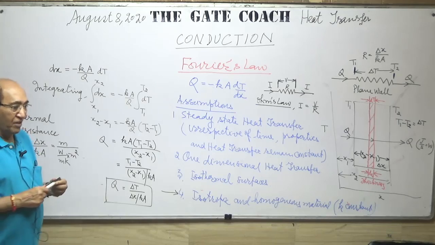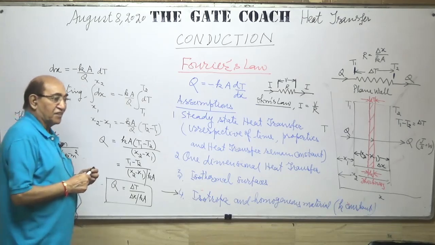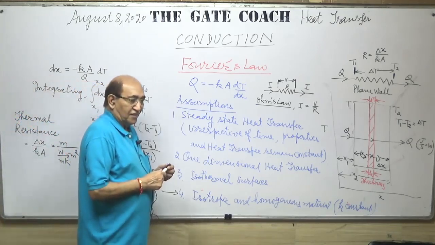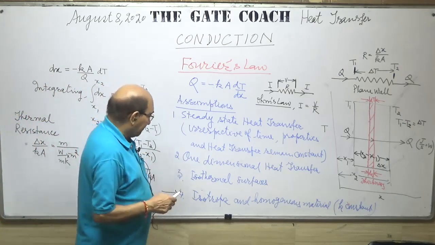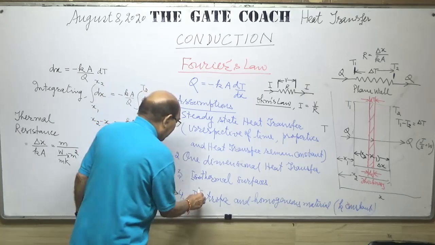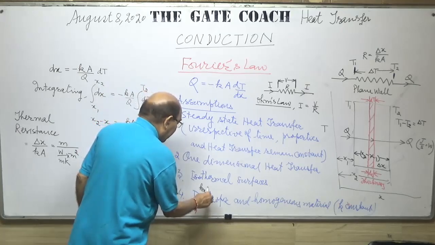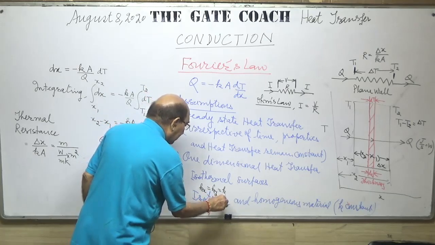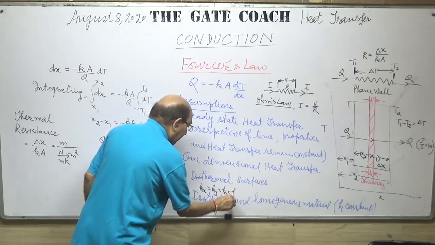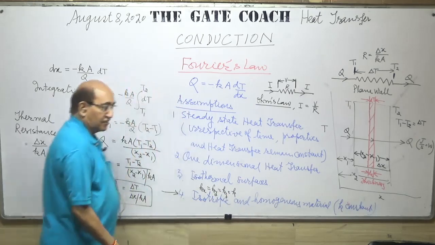Otherwise, depending upon the grain size in the three directions, their thermal conductivities may be different. So here I will say Kx is equal to Ky is equal to Kz. In general, I call it K.